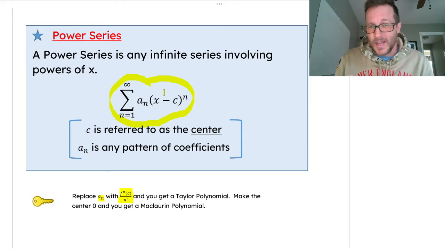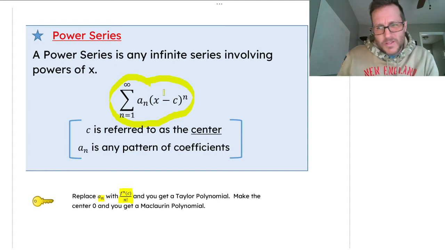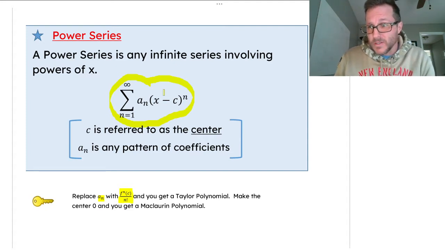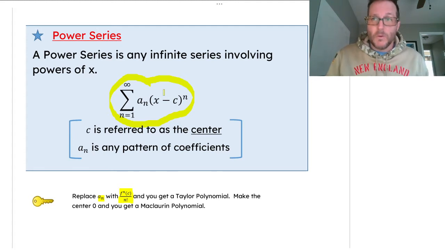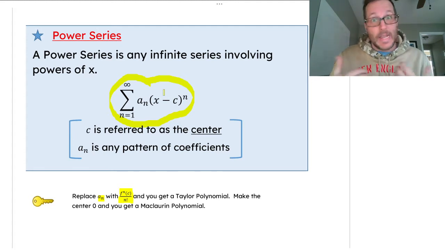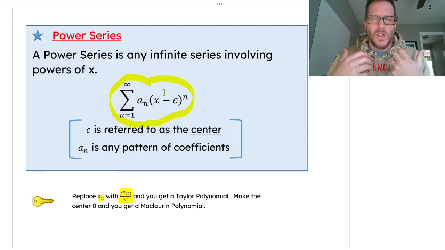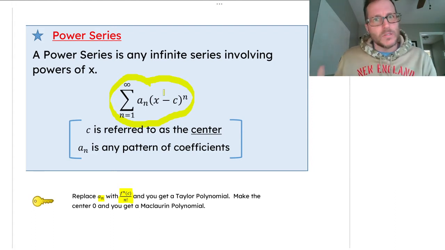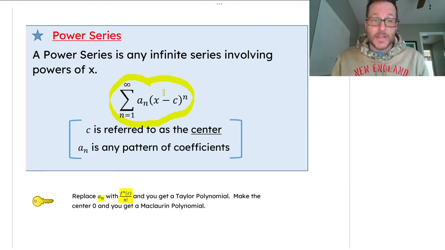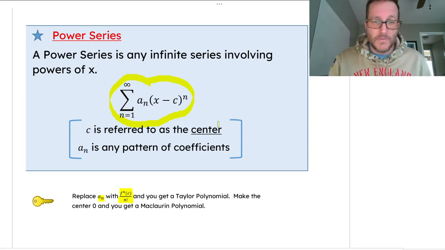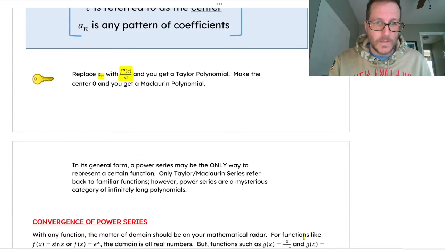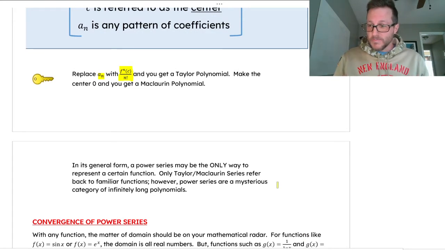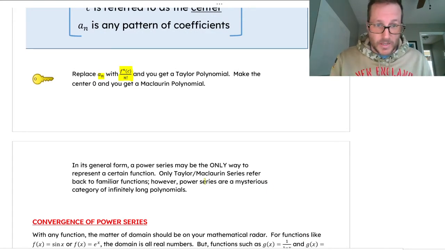So sometimes with these power series, some values of x will make the series converge, while other values of x will make the series diverge. So that's what I mean when I say an interval of convergence. We're wanting to know what values of x make this series converge. That's ultimately the goal.